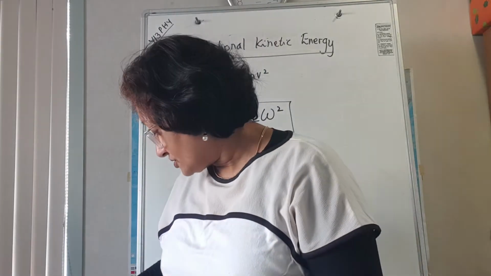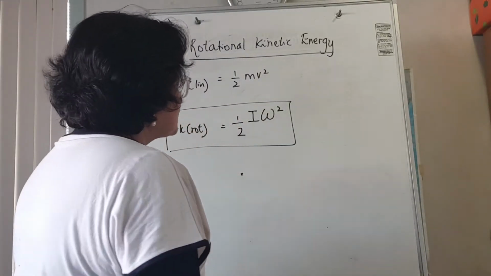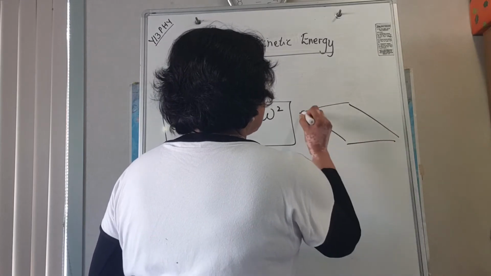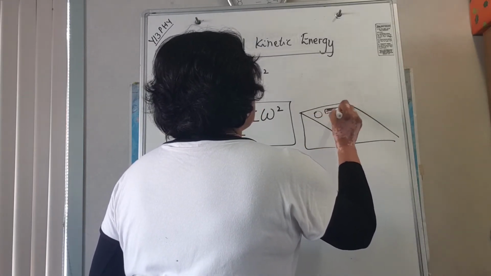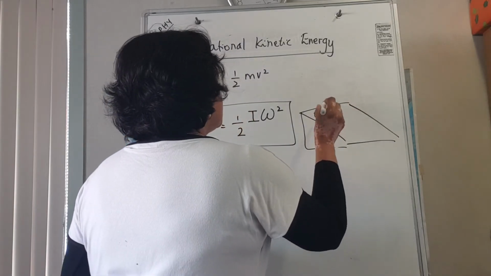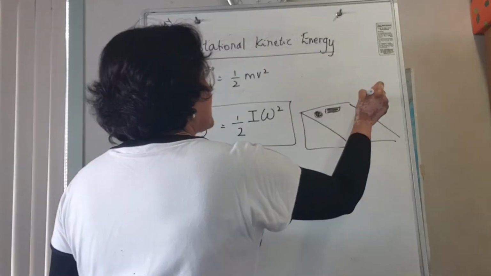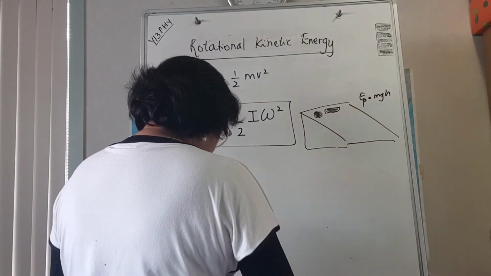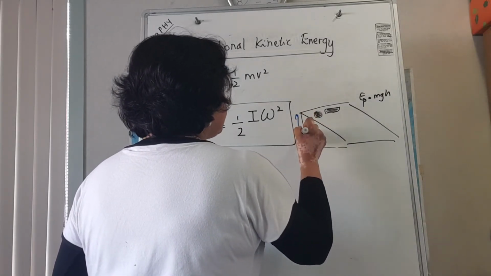Okay, and so something at the top of a slope. So if you've got a slope and you've got all sorts of objects over there at the top of the slope, if they have the same mass, they will all have the same gravitational potential energy, mgh, where h is that height.